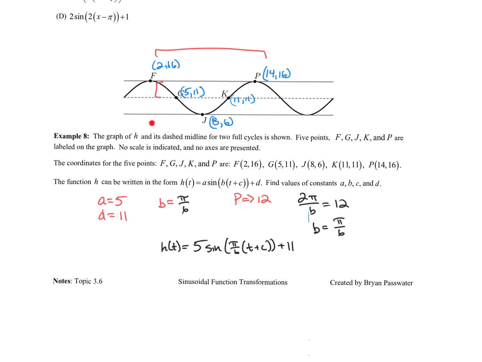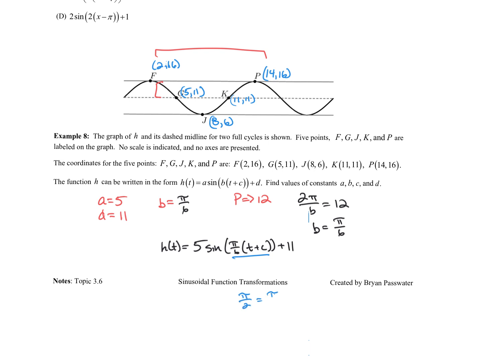At pi over 2. Do you remember that? And so a normal sinusoidal function reaches its maximum at what? Pi over 2. Okay? So what we're going to do here is set this inside part equal to pi over 2, because it would normally reach its maximum at pi over 2.